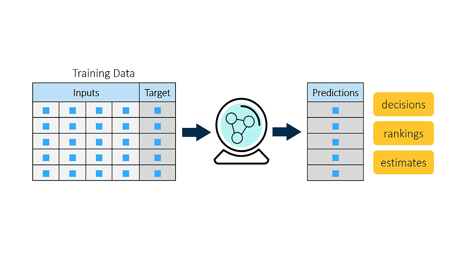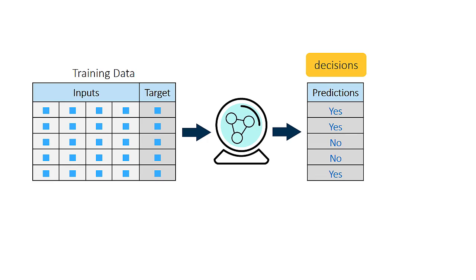A predictive model can generate one of 3 types of predictions: decisions, rankings, and estimates. Decision predictions are the simplest type of prediction. Decisions are usually associated with some type of action. For example, classifying a case as a churn or a no churn. For this reason, decisions are also known as classifications.